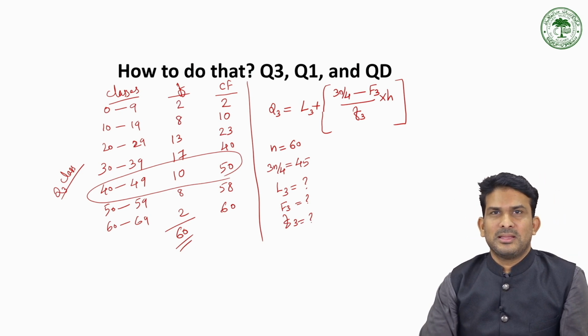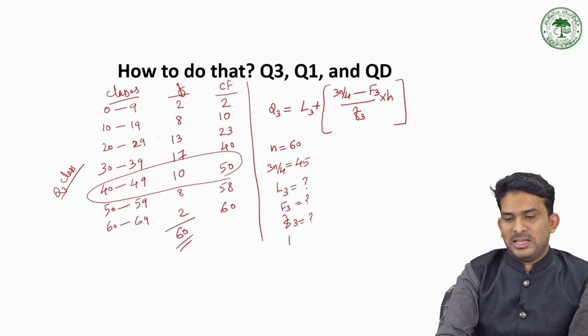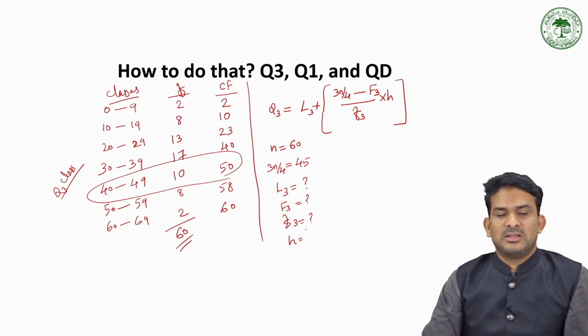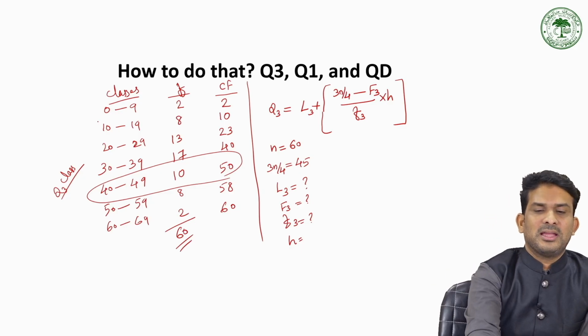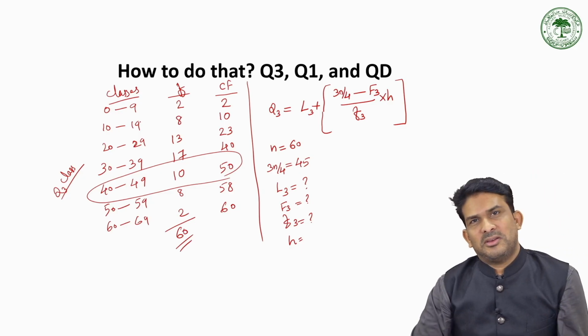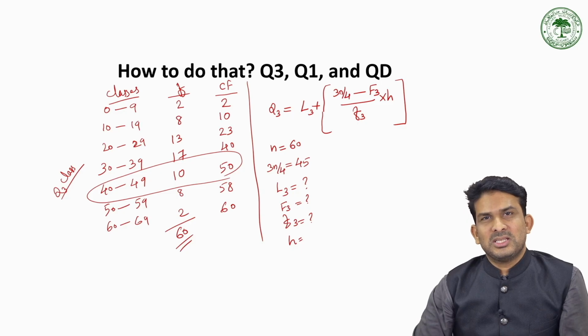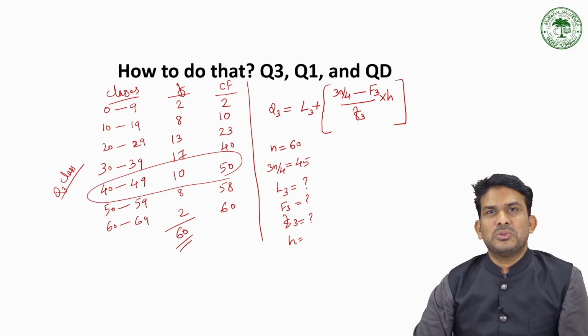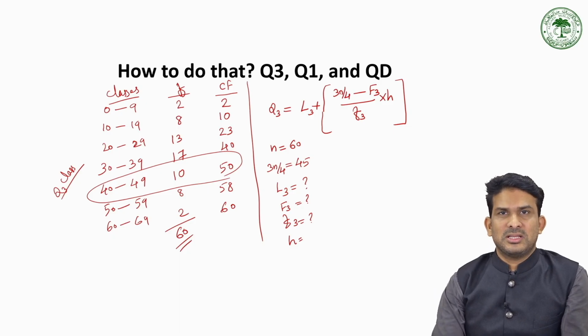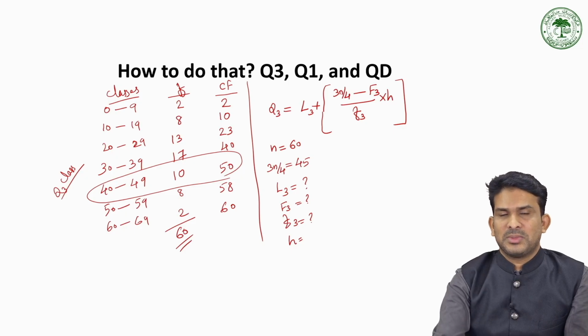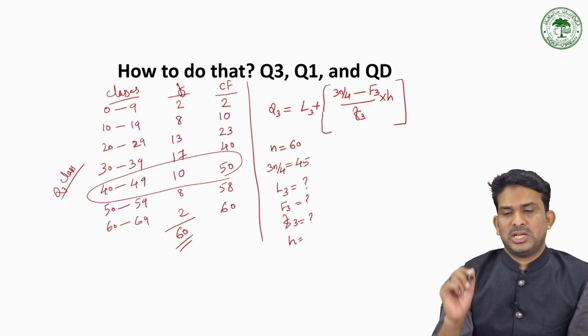H, what is H? I told you, H is the difference between any two adjacent upper limits or any two adjacent lower limits. Clear? So you got H also.